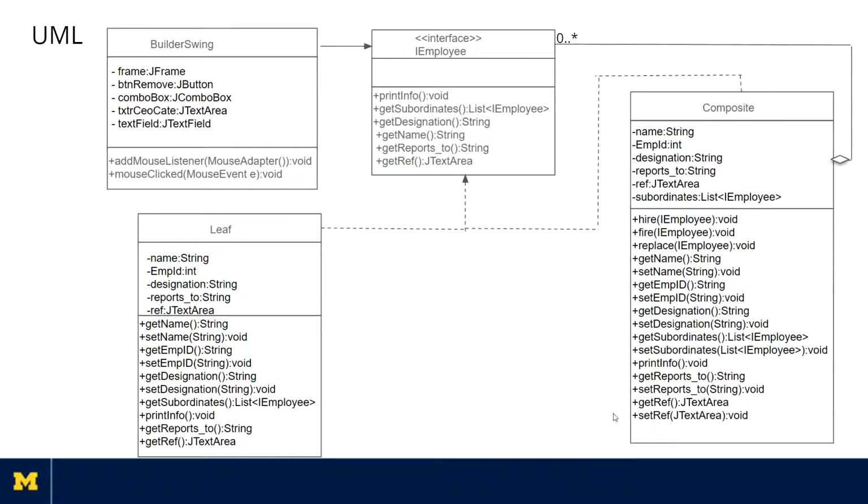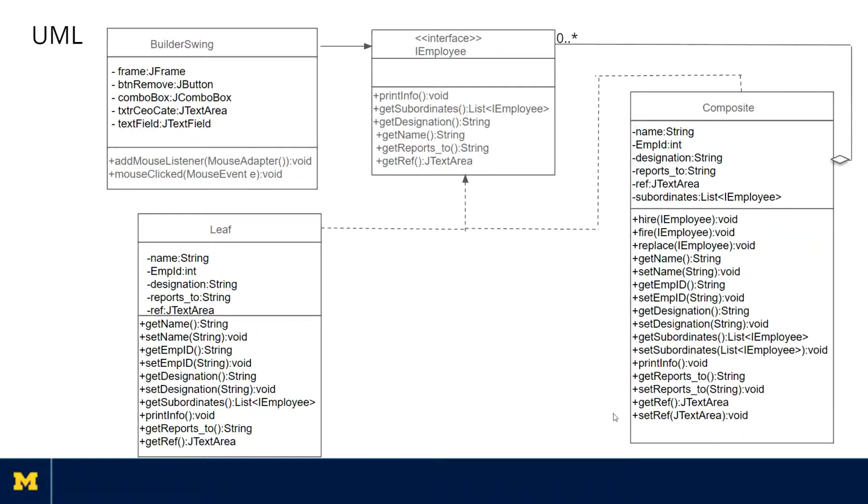So the UML diagram of this structure would look like this. There is an interface called employee, and this interface implements some common behaviors such as print out information. You basically print out your information, your name, and whom you report to. Get designation, get subordinates if any, get name, and get reports to.